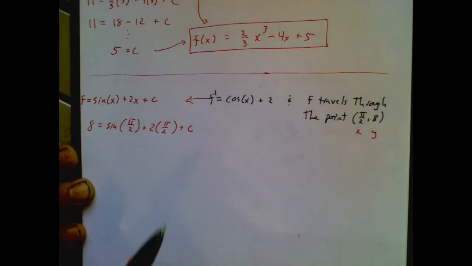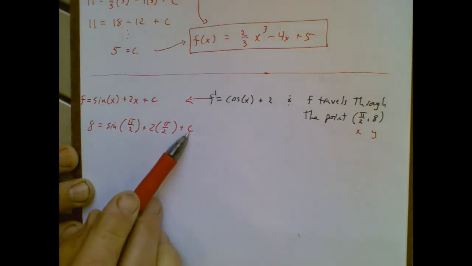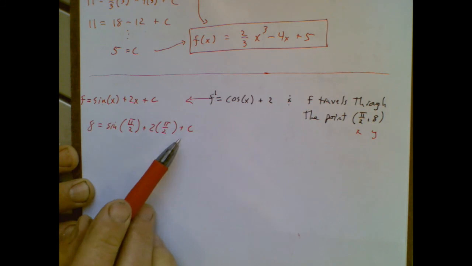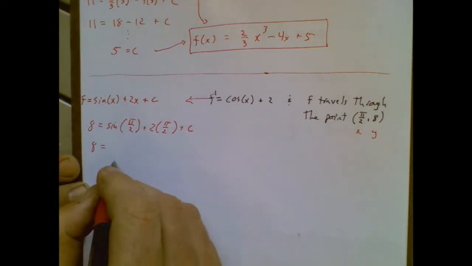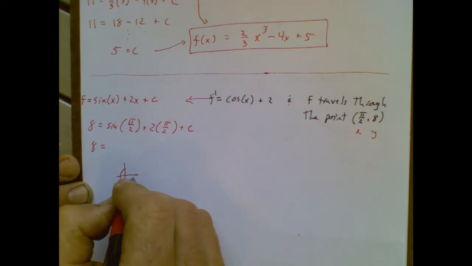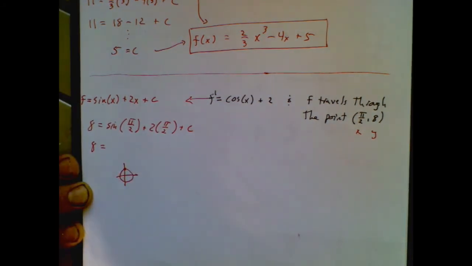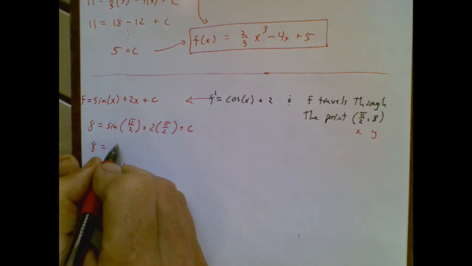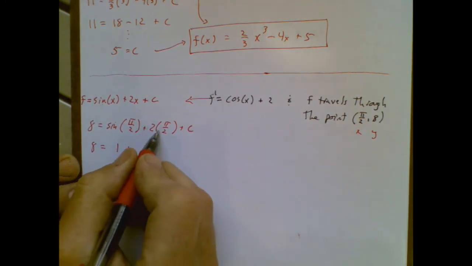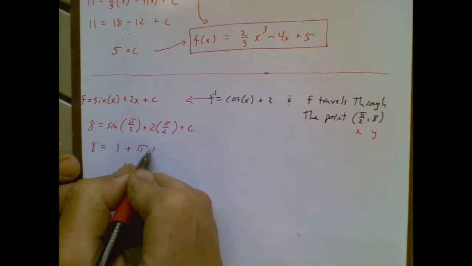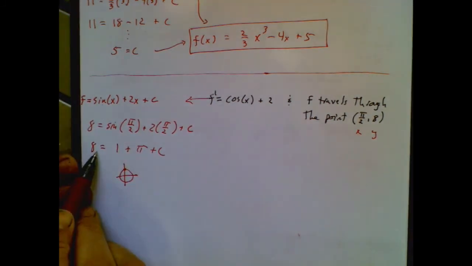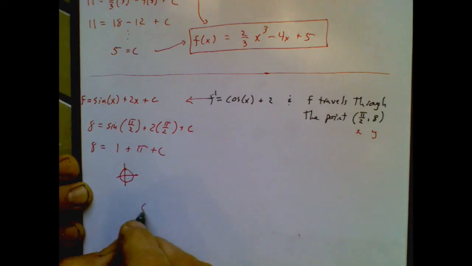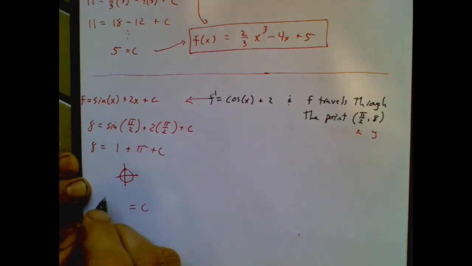Through the miracle of algebra, c is the only thing remaining. So I can go ahead and solve for c. Sine of pi over 2, thank you unit circle. Sine of pi over 2 is 1. Then this is pi. If I now move the 1 over to the other side, and then the pi over to the other side, why would you ever move pi over to the other side?